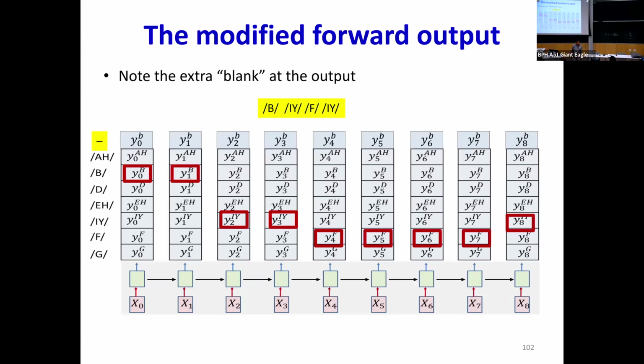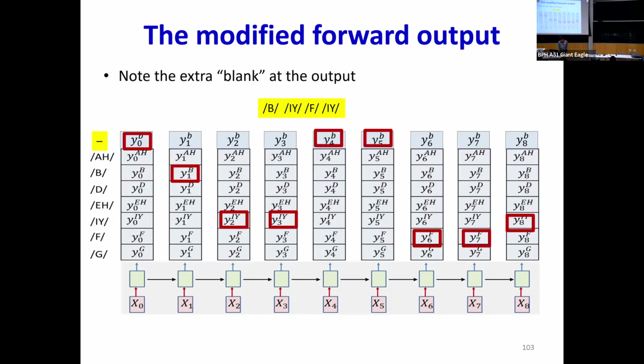So what would that compress to? Anyone? What would it compress to? Beefy, right? Because it's just going to be compressed. The repetitions go away. It's going to be B, E, F, and E, right? Easy.